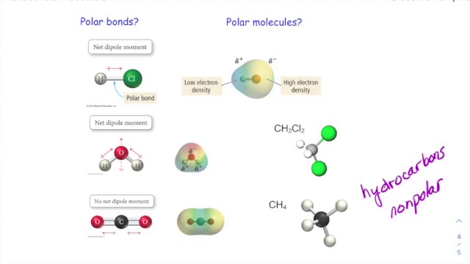But if you compare CH4 and CH2Cl2, you can see that there's clearly a difference between the two. And this one has polarity going towards the chlorine atoms, halfway in between them. Another helpful hint.